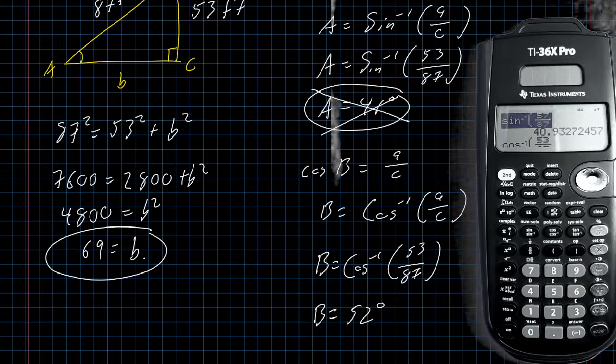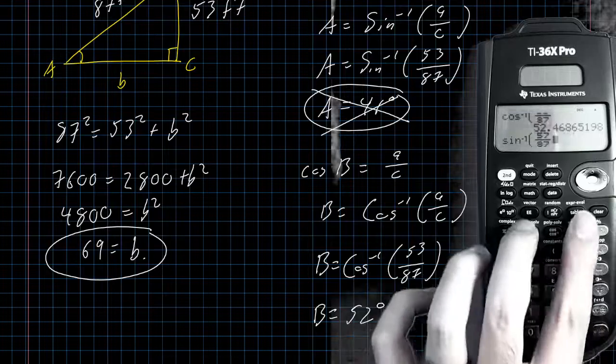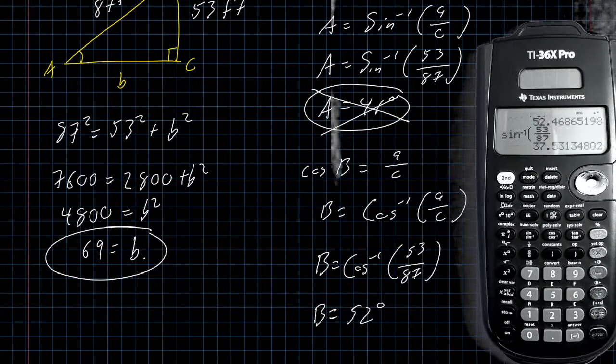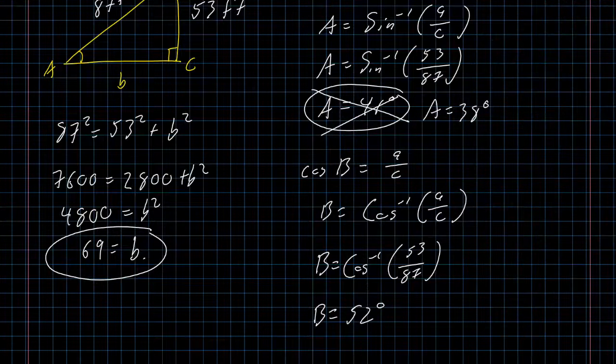So if I go back and I edit that and put the correct number in the numerator, I get instead 37.5, which rounds to 38, I guess. And now it does work out. If you add 38 degrees plus 52 degrees, you do in fact get 90 degrees.